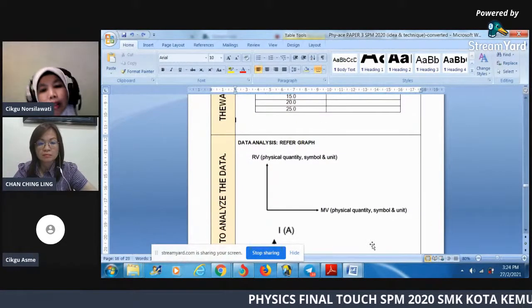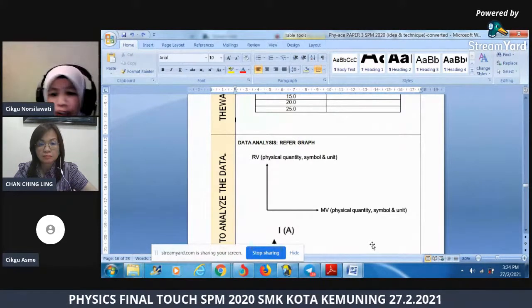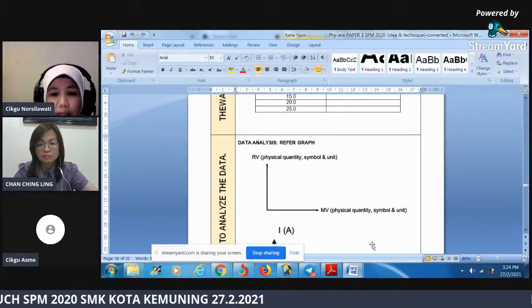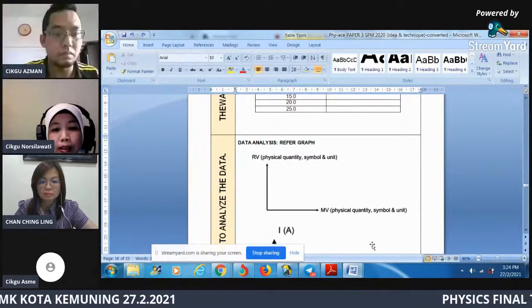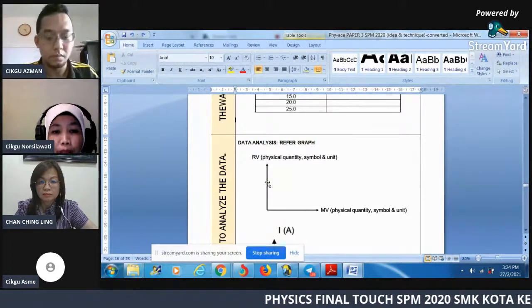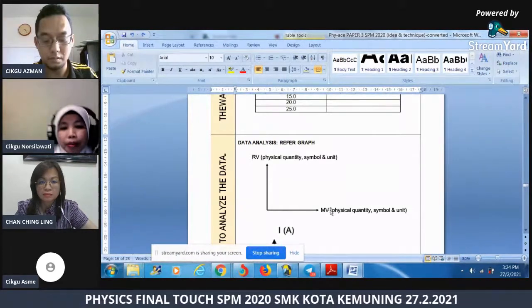And then last one is graph. Okay. Once again, because I said this is not exactly the experiment you carry out. Okay. So you tak ada data. You don't have data with you. Alright. So, but you know which one is the responding variable, which one is manipulated variable.